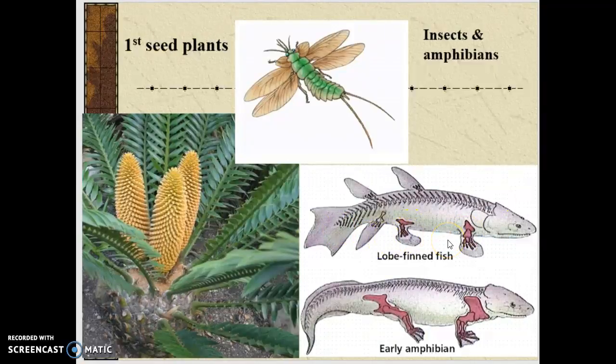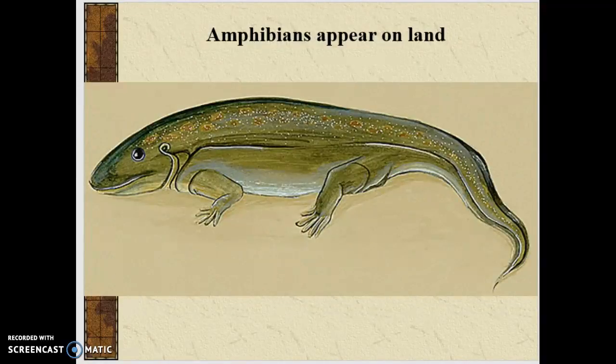They walk on the bottom of the ocean. They walk on the bottom of lakes. They're not that much structurally different than these early amphibians that were present back during the Paleozoic. So here's what our amphibians look like early on during the Paleozoic.